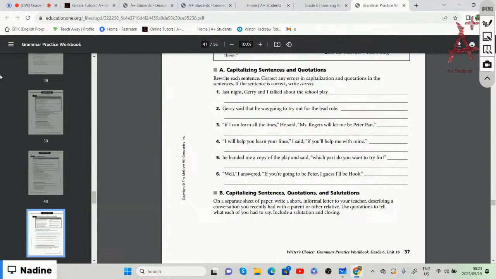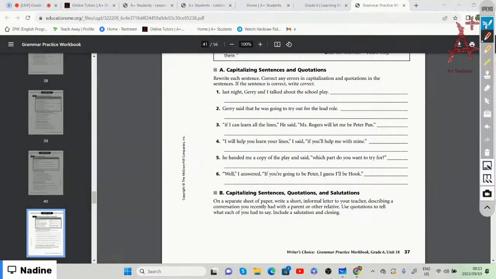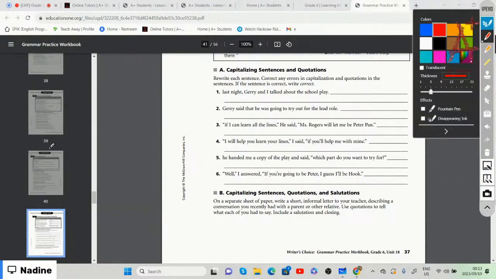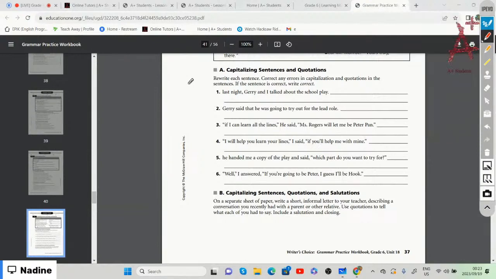All right. So if we look at capitalization errors, I'm going to underline with a PC. So last night, Gary and I talked about the school play. So if we look at that sentence, what needs capitalizing?